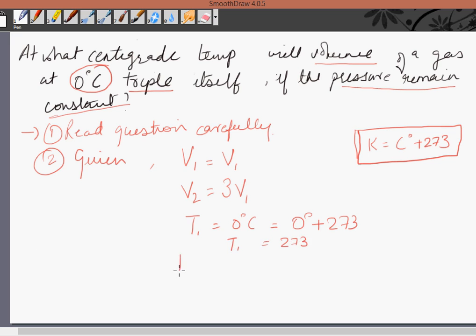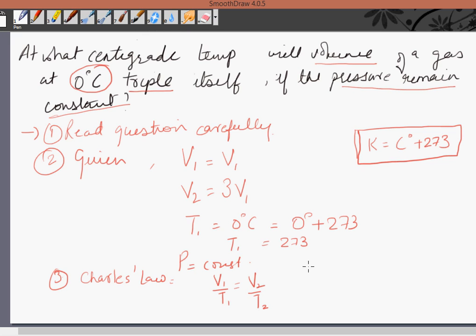Now we know that pressure is constant. So what formula and law will be applying to this question? That will be Charles' law. What is the formula? V1 upon T1 is equal to V2 upon T2.